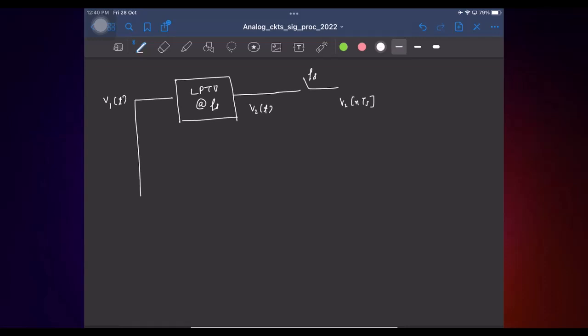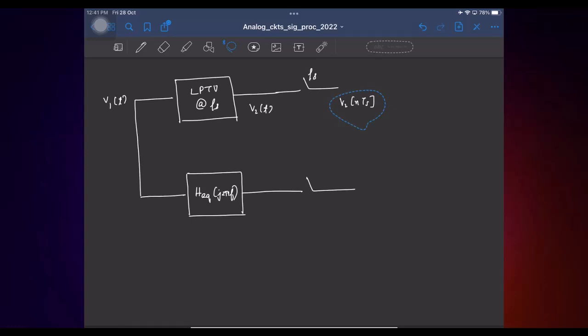I can obtain the same samples by passing the input to an equivalent LTI filter, which I will call H equivalent of j 2 pi f, whose output is also sampled.